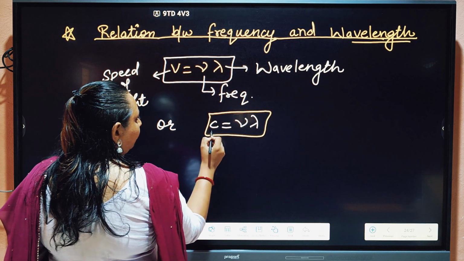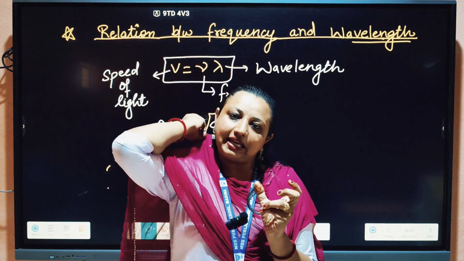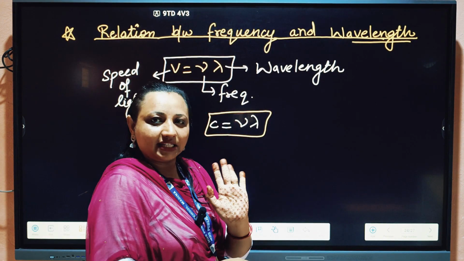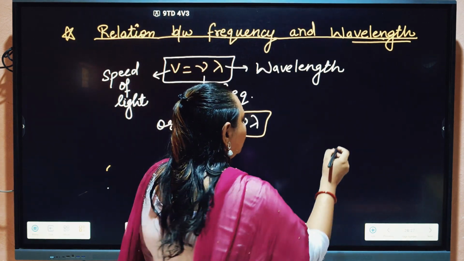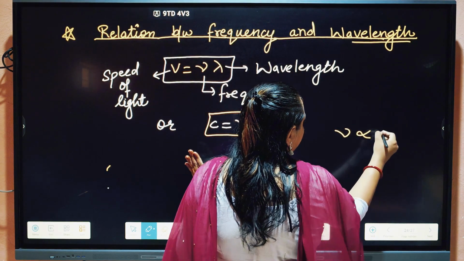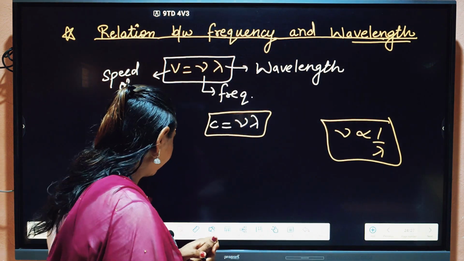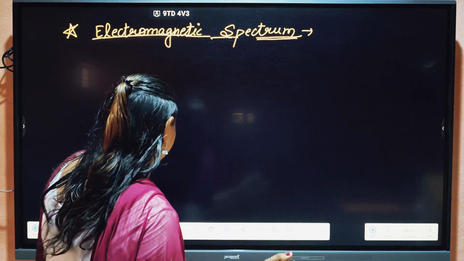So from this relation, we can say that frequency and wavelength are reciprocal to each other. They have an inverse relation between them.